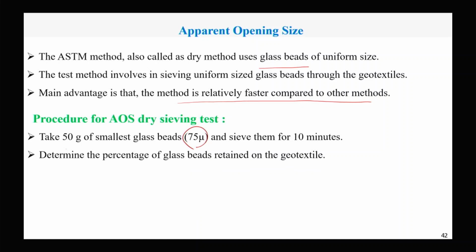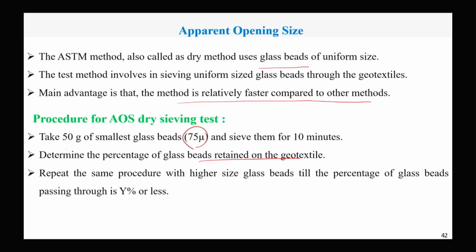Then we calculate the percentage of glass retained on the geotextile, and repeat until the percentage of glass beads passing through is y% or less.